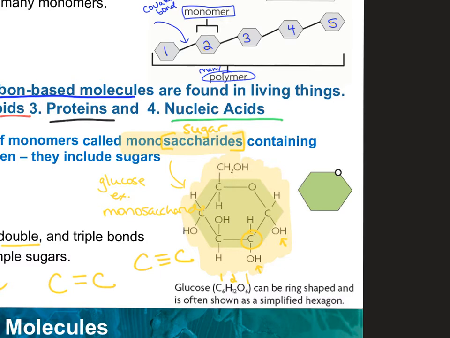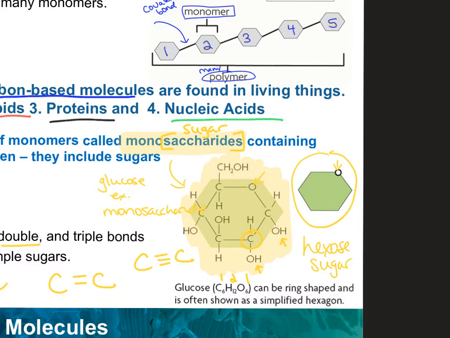The representation that you see here is also an example of glucose. Notice the oxygen, and there's the oxygen here. So there's a difference in the way this one is drawn versus this example. This is a simplified version, and we actually call glucose a hexose sugar.